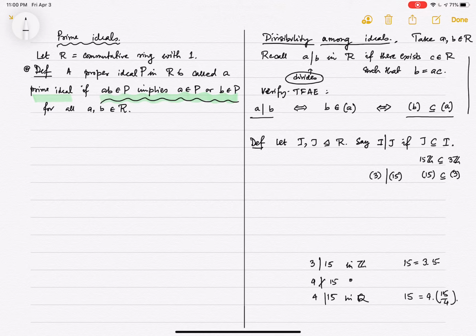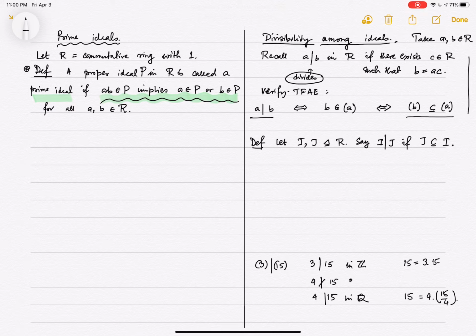So that's the point of this definition, that it generalizes divisibility of numbers, or rather divisibility of elements, exactly. So we do have 3 divides 15 in terms of ideals also. Okay, and I need one more definition.